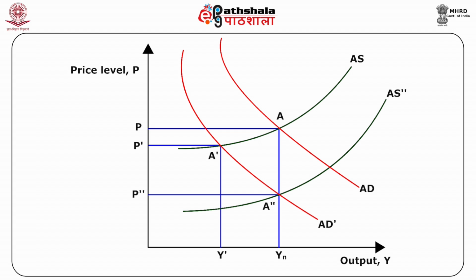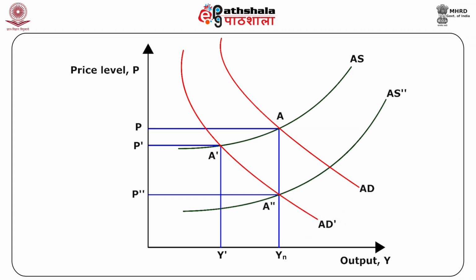This happens because the output in the short run is less than the natural level of output. The price level is lower than what the wage setters expected. They therefore revise their expectations, which cause the aggregate supply curve to shift right. The economy moves down the new aggregate demand curve, that is AD dash.